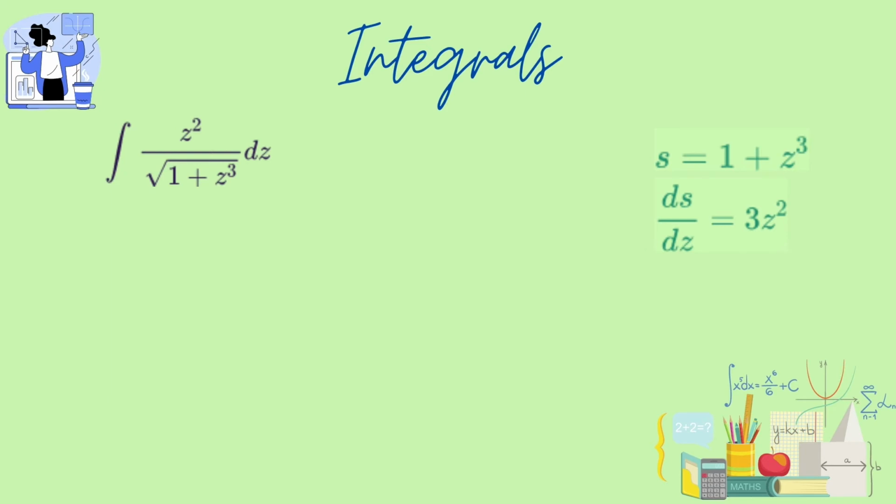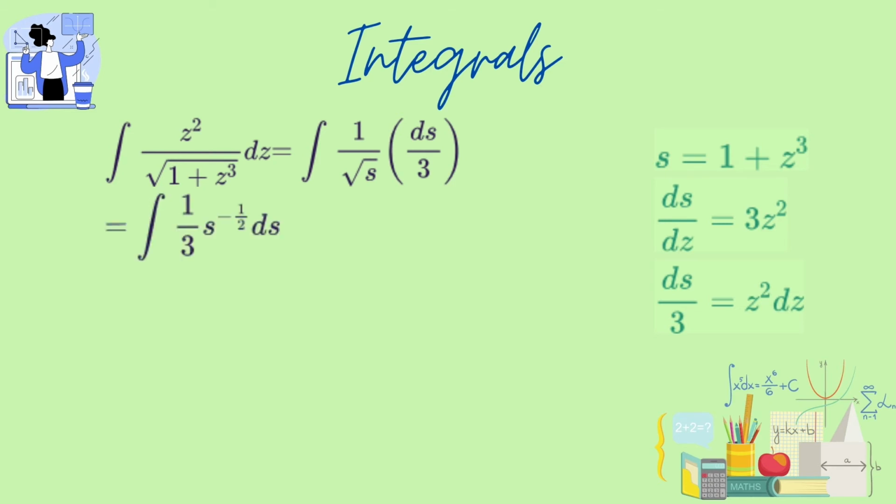But looking at our original expression, we want to replace z squared dz. Substituting s and ds over 3, we now find the antiderivative of 1 over the square root of s times ds over 3, or 1/3 s raised to negative 1/2.